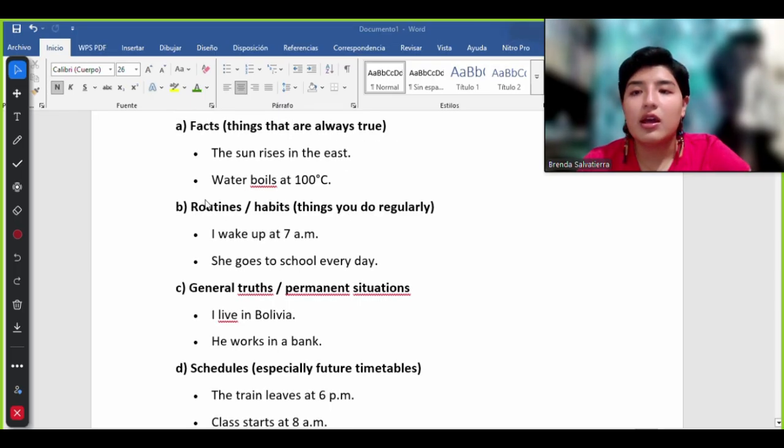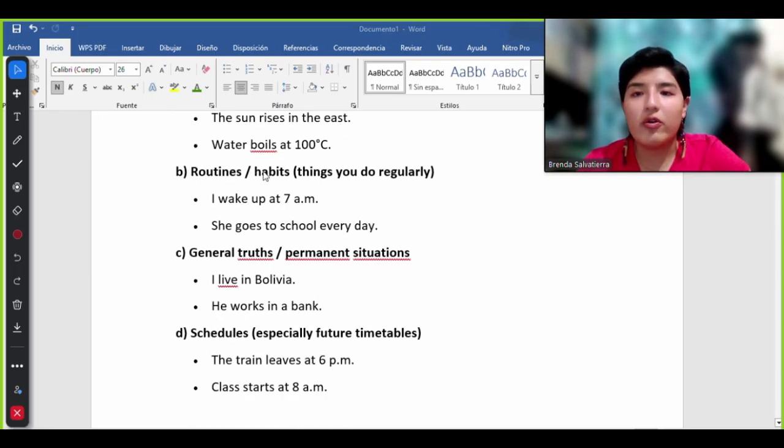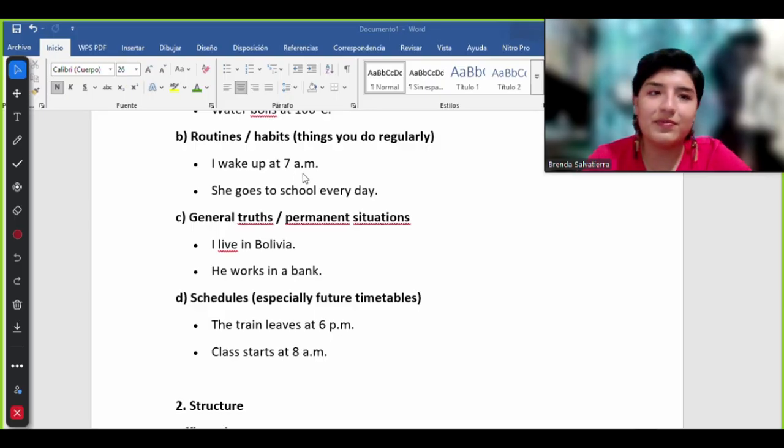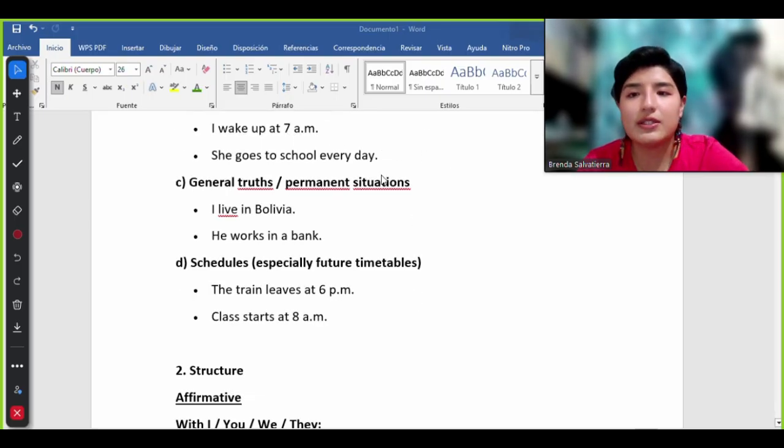Okay. Letter B, routines or habits, things you do regularly. So, for example, I wake up at 7 a.m. She goes to school every day. I record videos every Sunday. Those are routines.